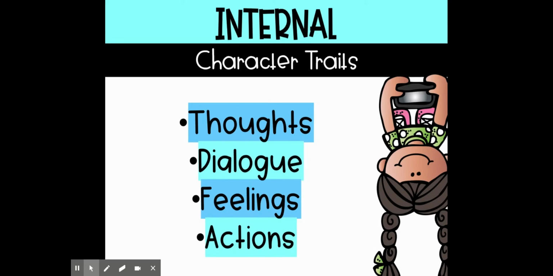Again, to look for internal character traits, you need to use the clues that the author gives you, some of your background knowledge, and look through the thoughts the character is thinking, the dialogue, what the character is saying, the feelings, what the character is feeling, and the actions, what the character is doing.